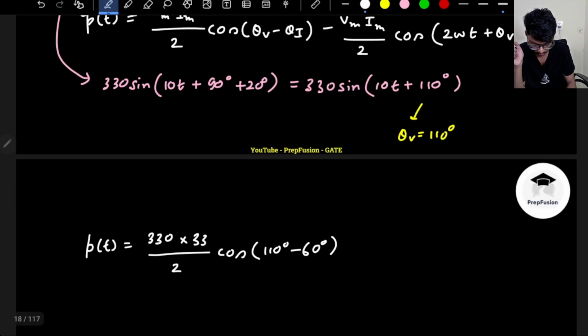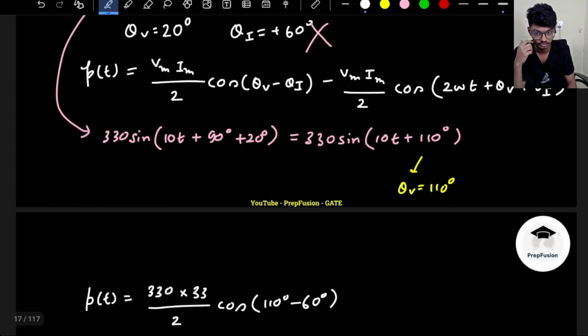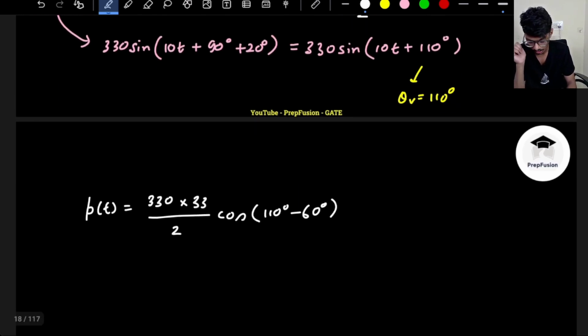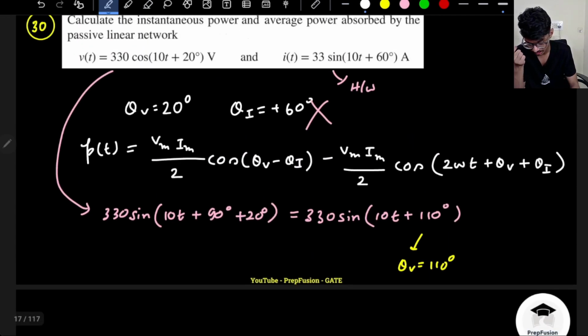All these are questions of Alexander Sadiku. I have taken a few questions from Alexander Sadiku. So this is minus the same thing, 330 into 33 divided by 2, cos of 2 omega t plus theta I plus theta V. It is 110 plus, what is theta I?